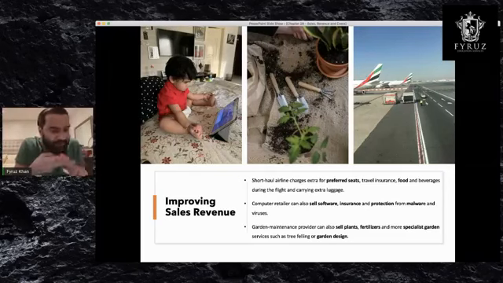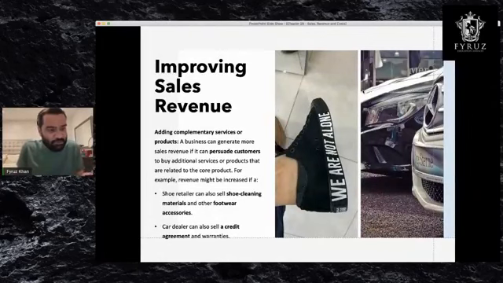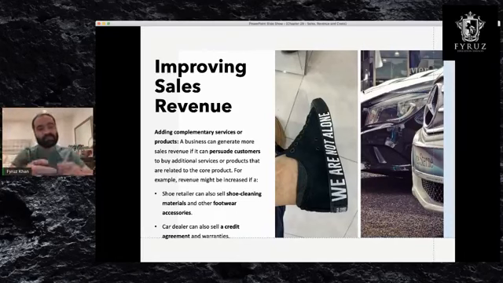Great. The second thing that you can do is add complementary services. Selling shoes, don't just sell shoes, sell shoelaces, sell shoe cleaners. You're selling cars, don't just sell cars, sell car seats, sell seat covers, sell, let's say, car shampoos. So it's like that.